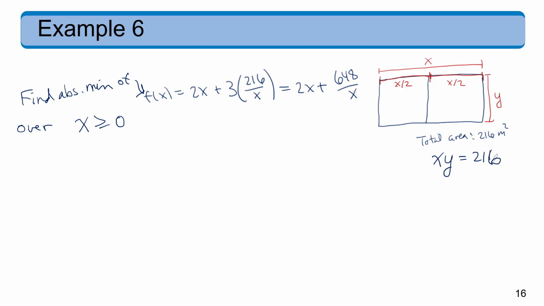Is there a maximum x that could satisfy that equation? Well, no matter how big you make x, you can always find a y that will make the product equal to 216, right? Just take y to be 216 over the x that you chose. So there really is no max for x for this area restriction.